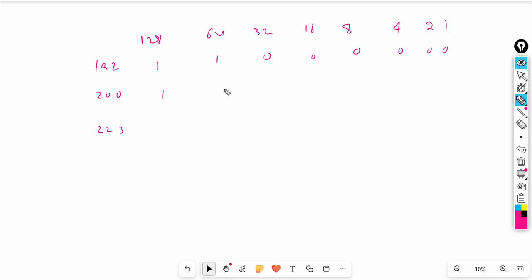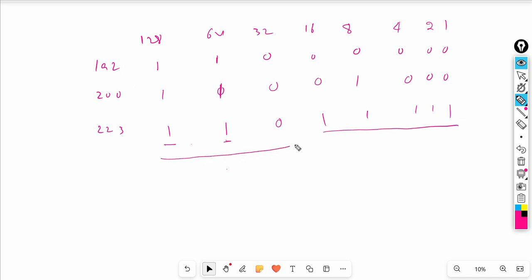And 200 is 128 plus 64, 192, and 8 here. And 223 is 128 plus 64 equals 192, plus these all, which is 31. So 192 plus 31, total 223. So in class C, the third bit is always 0. So the first 3 bits in the first portion are 110.